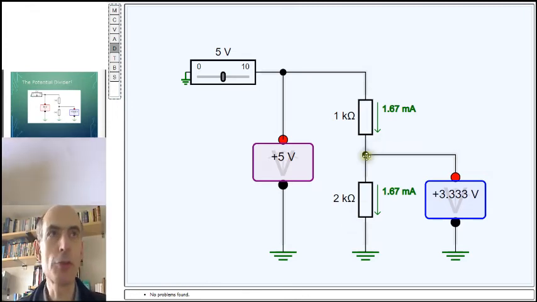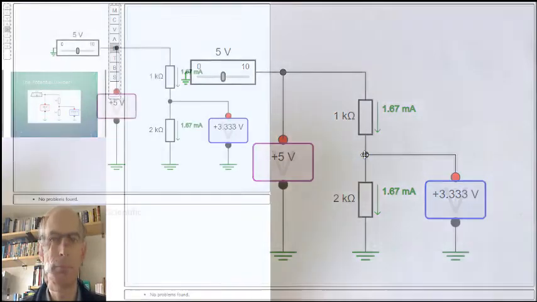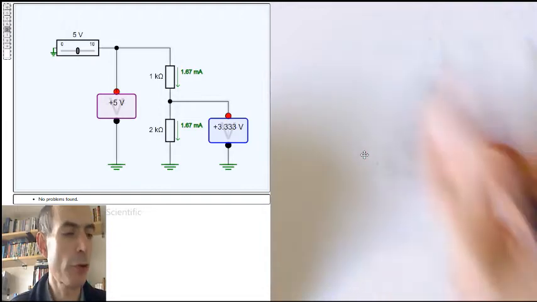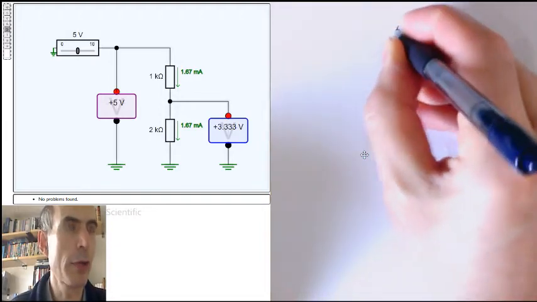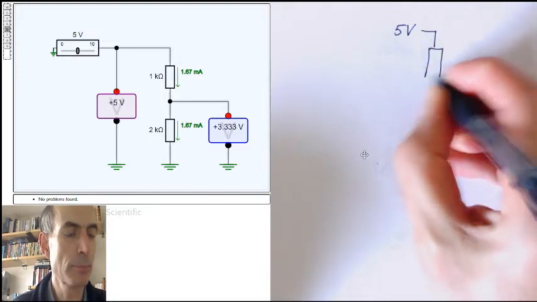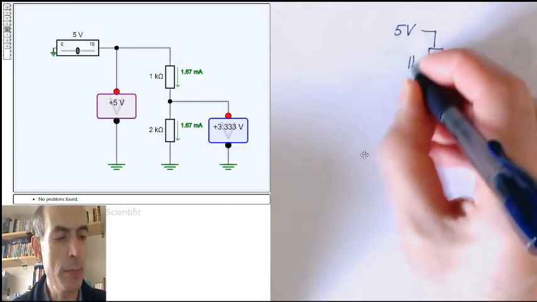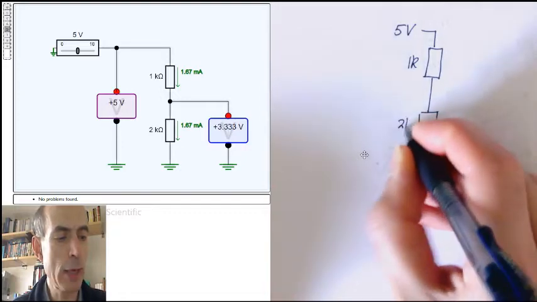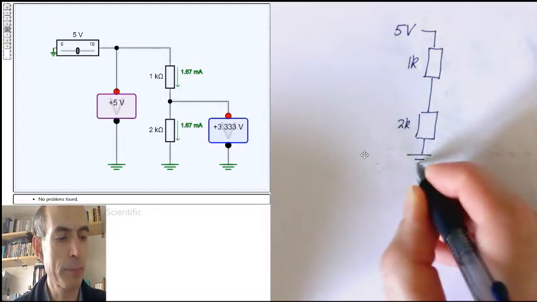Let's have a look at this on a bit of paper. Okay. So, we've got 5 volts at this point here. This goes through a resistor, in this case 1K, and that goes through another resistor, 2K, down to ground.